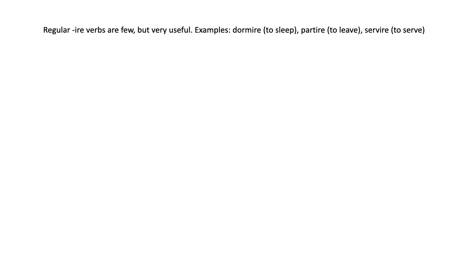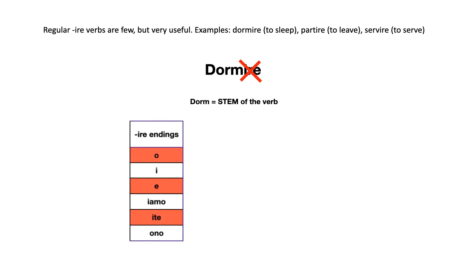So, how do we conjugate this? I am going to go very quickly through this because you already know the drill. Let's take the infinitive of dormire, to sleep. First step, of course, is to get rid of the last three letters of the infinitive, the IRE, in order to obtain the stem of the verb, which in this case is dorm, right? And then we need to add some endings.